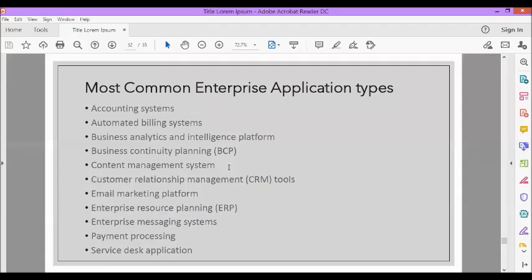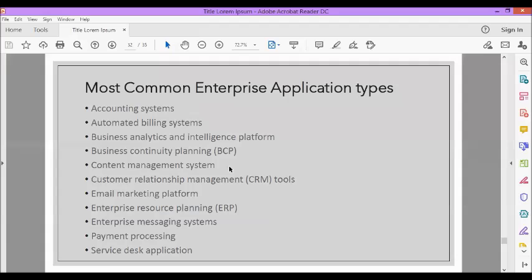Next, we have the CMS or Content Management System, a computer software used to manage the creation and modification of digital content. Next, we have the Customer Relationship Management or CRM tools, a technology for managing all your company's relationships and interactions with customers and potential customers.